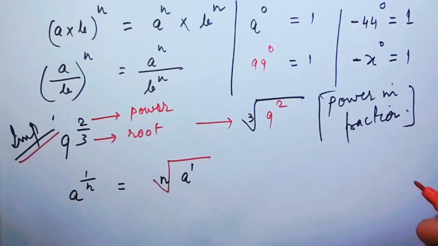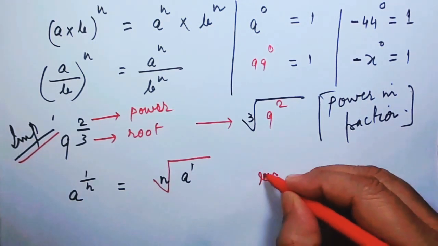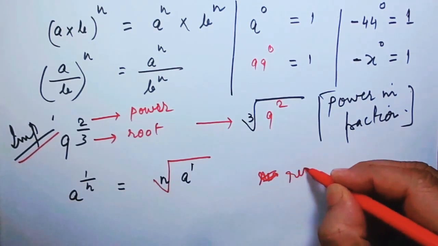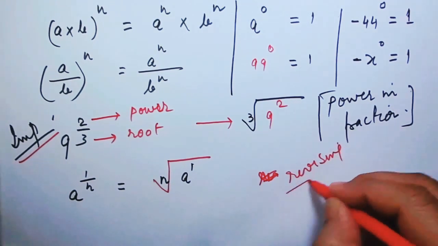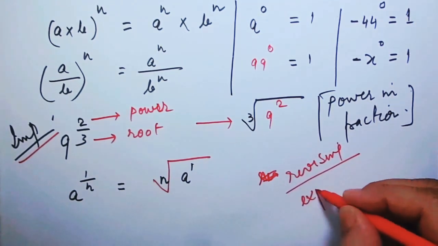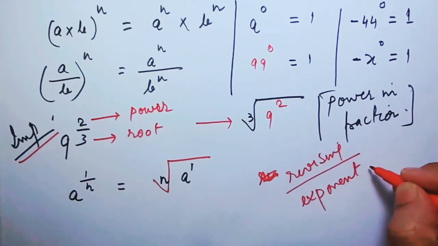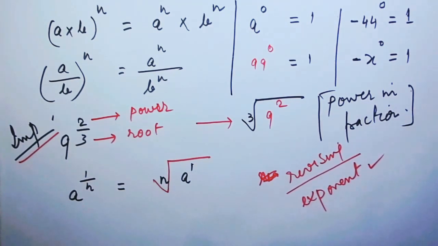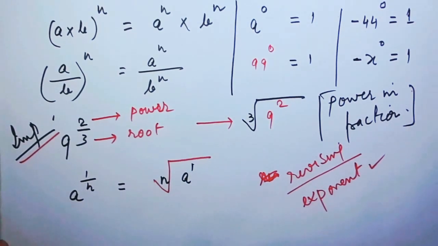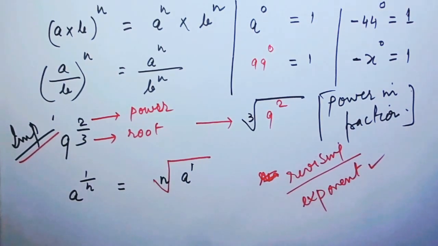Clear? If you keep on revising again and again, I am sure your exponent portion will be really strong. After this we shall be dealing with other important sums, where we shall be using all these formulas together.